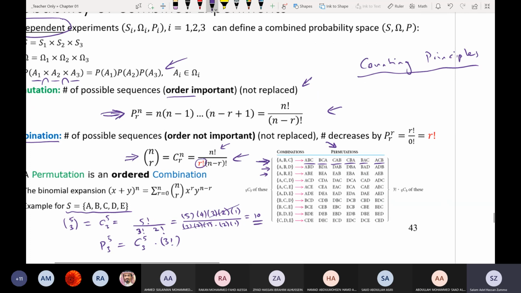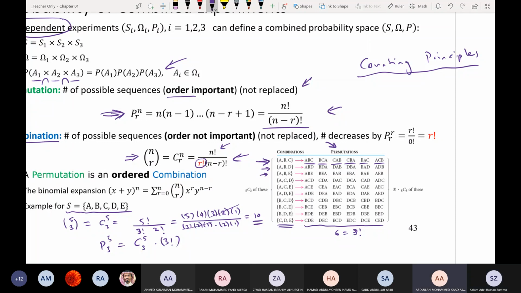You can see in this table that every combination can be reordered, permuted, in 6, which is 3 factorial, different ways. Because of that, the number of permutations equals the number of combinations multiplied by 3 factorial, or r factorial. And because of that, in the rule here, you don't see r factorial in the denominator, because you multiplied the combinations by it.